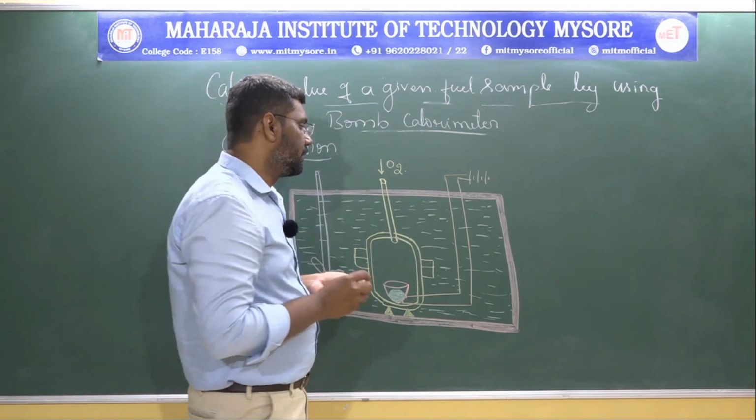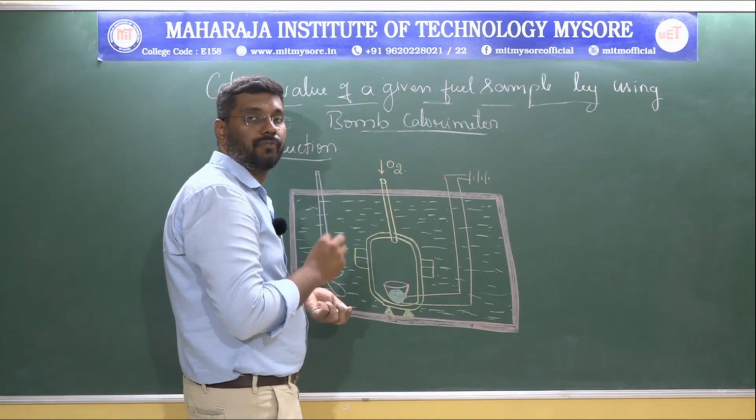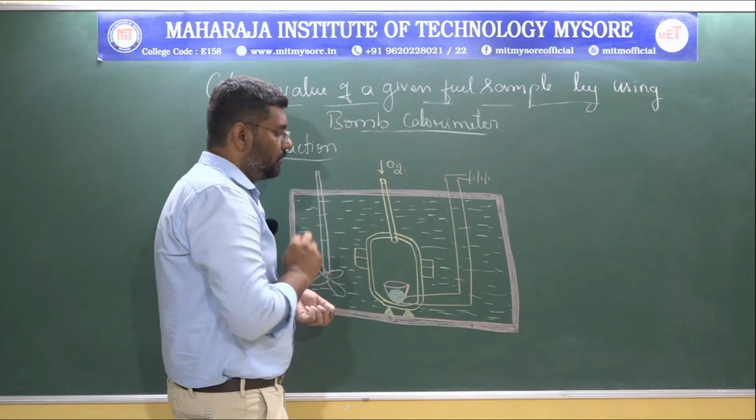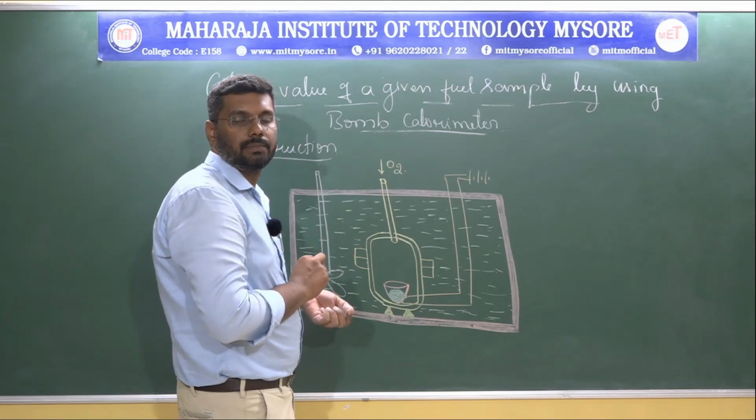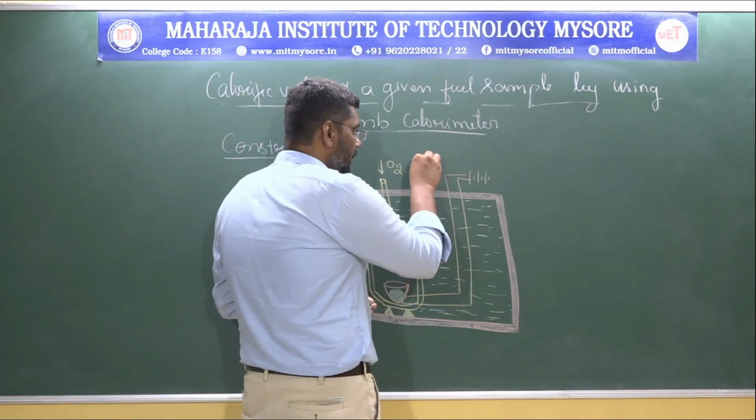Next, the very important one is the temperature. Before igniting the fuel which is taken inside the crucible, which is placed inside the bomb calorimeter, the initial temperature has to be noted down.